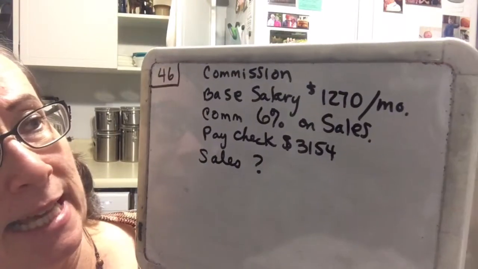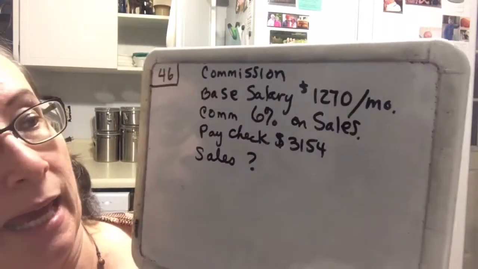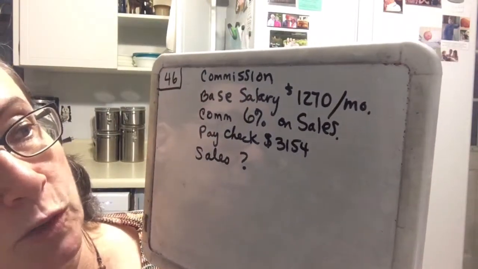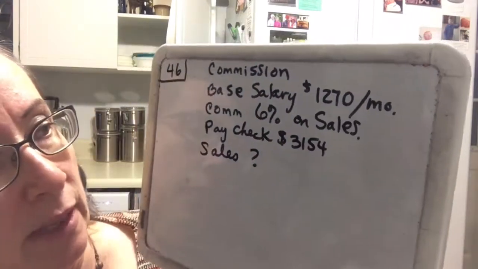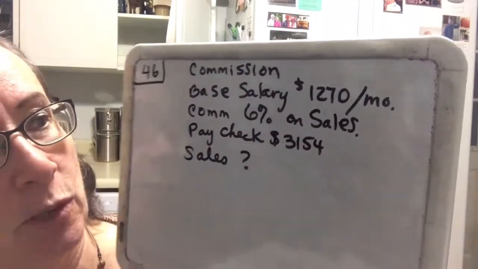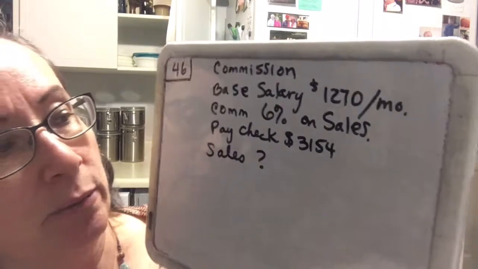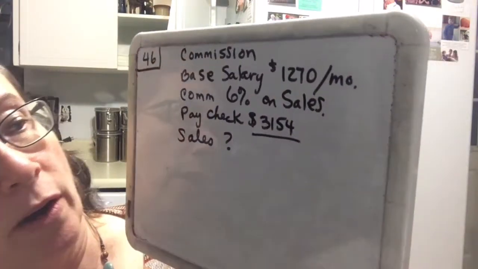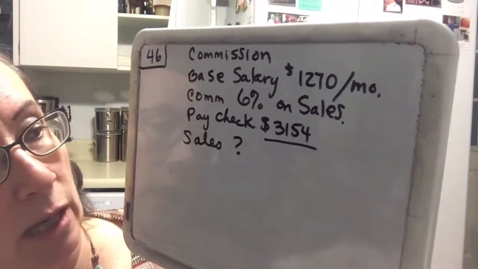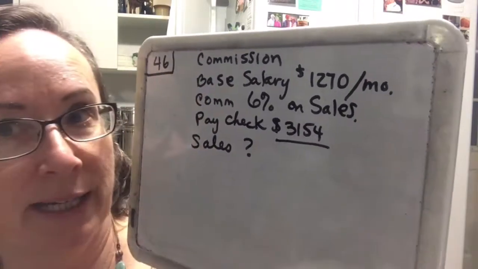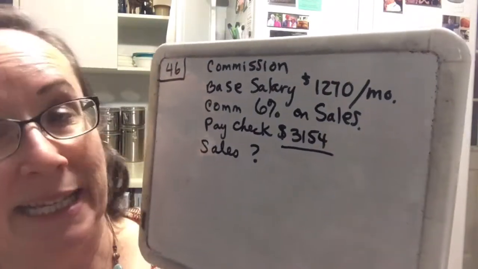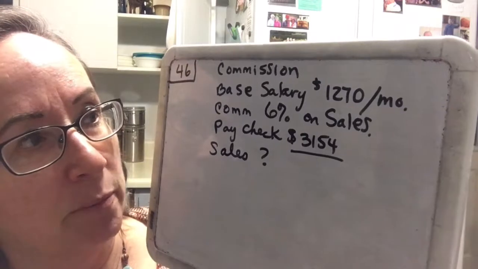It basically says that this fella's base pay is $1,270 a month. And the commission is 6% on sales. So he receives a paycheck for $3,154. And the problem is to find out how much did he sell that month.